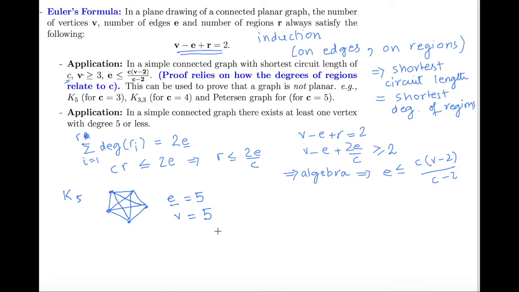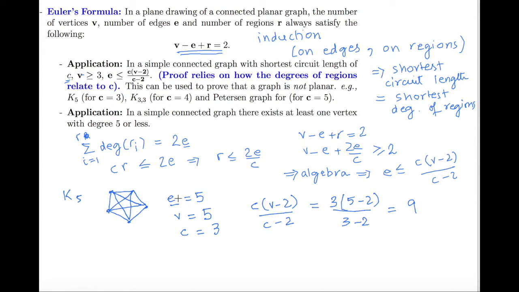What is the shortest circuit length here? What is C? There is a triangle, so there is nothing less than 3. I can see some triangles here, so C is equal to 3. Now let's check C times (V minus 2) over (C minus 2), which is 3 times (5 minus 2) divided by (3 minus 2), which is 3 times 3, so 9.